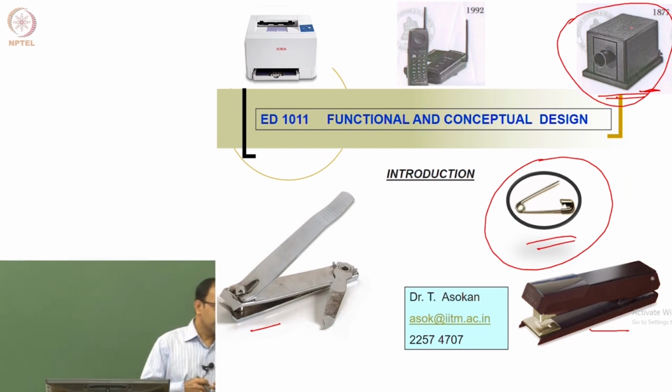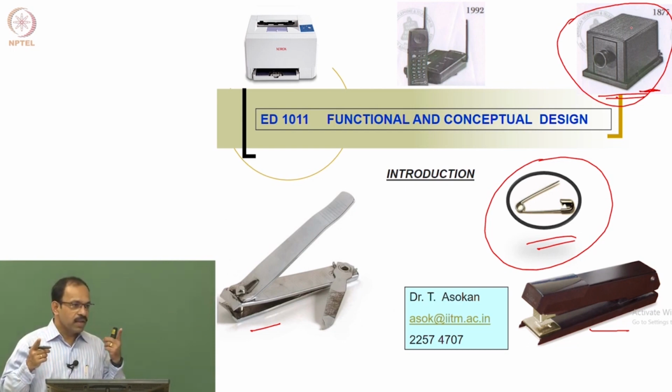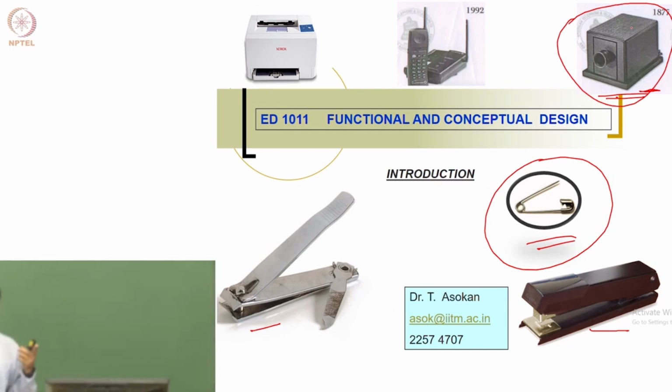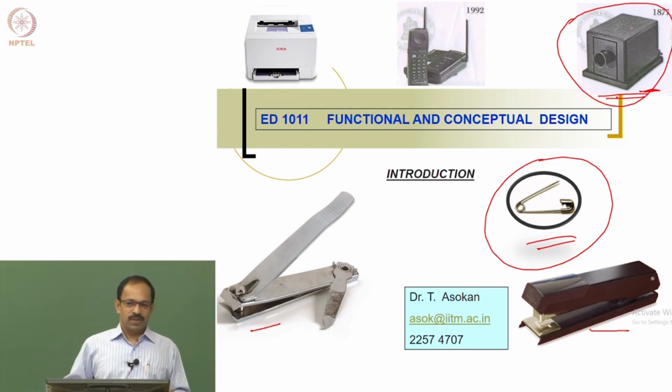Pardon? Simpler, yes. Convenient to use, yes. So probably that is one of the reasons. A better design has not come to the market, right? Everything looks simple now. For the phone also, at that point of time, that was the simplest you could have.